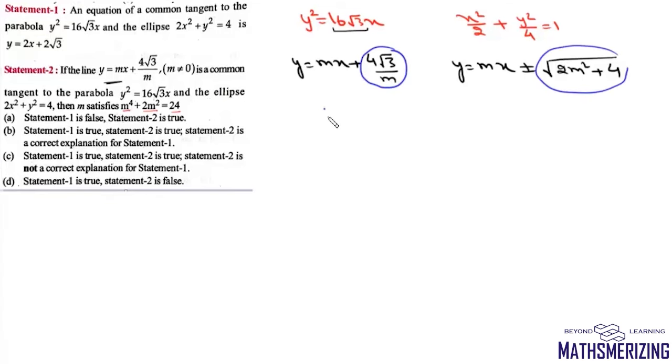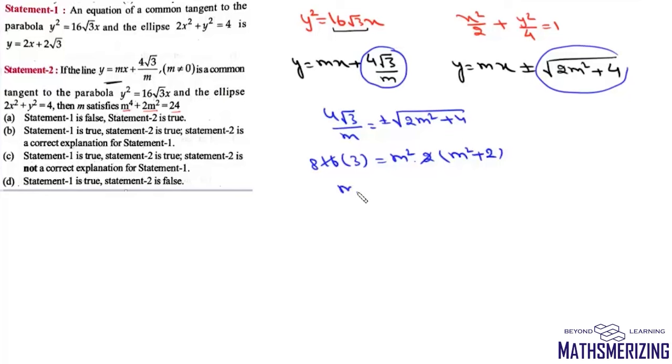So we'll write 4 root 3 by m, and it should be equal to plus minus root of 2m square plus 4. So we'll square it, we'll get 16 into 3, and then here will be m square. I'll take this 2 common, and then m square plus 2, so it will be 8.